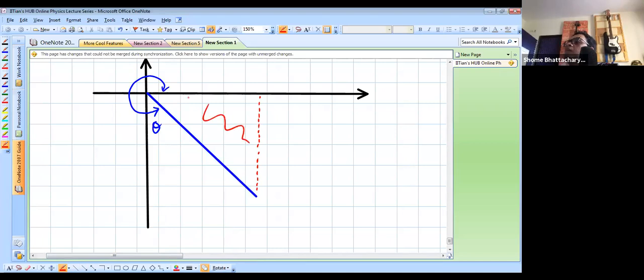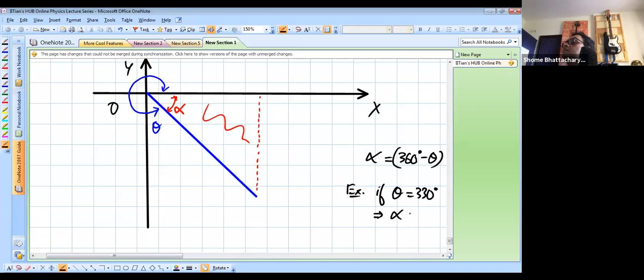For this triangle, I can take this angle as alpha, and that will make life very convenient. So first of all, you can see that alpha is equal to 360 degrees minus theta. For example, if theta was 330 degrees, that means alpha is 30 degrees.